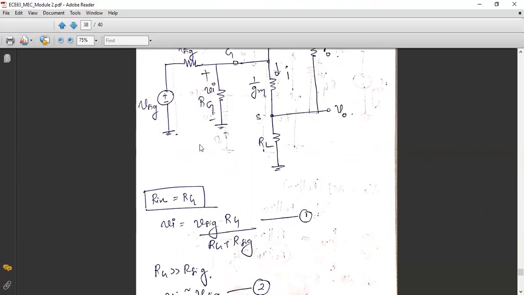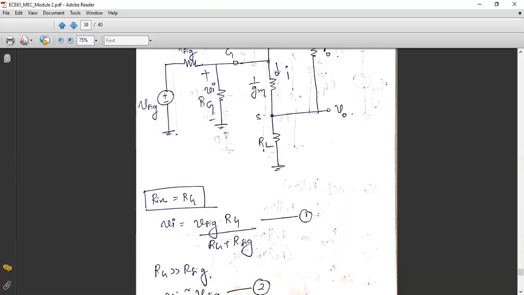So Vi is equal to Vsig into Rg divided by Rg plus Rsig. That is, the voltage across Rg is nothing but Vi, which is equal to the total voltage Vsig into the resistance across which we are finding the voltage. That is nothing but Rg. So Rg should be in the numerator divided by the total resistance Rsig plus Rg.